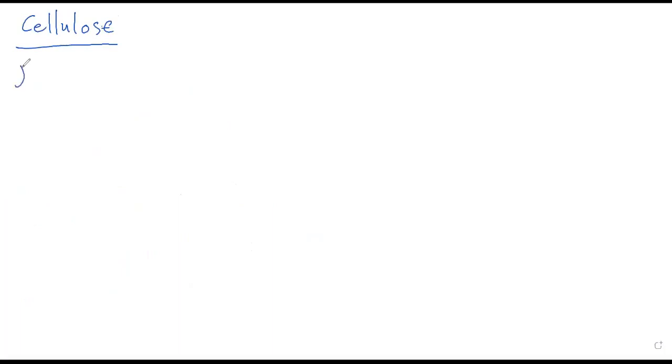And so cellulose is made up of beta glucose. The type of bond is 1,4. As I said, any sugar bond is called a glycosidic bond. All right, so let's start.